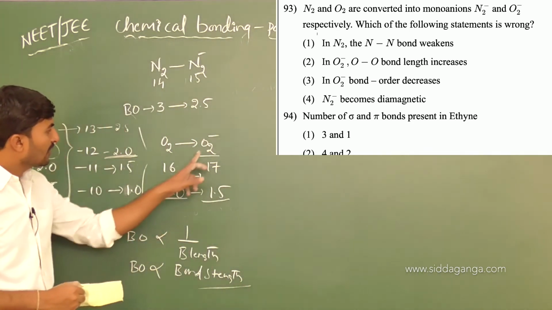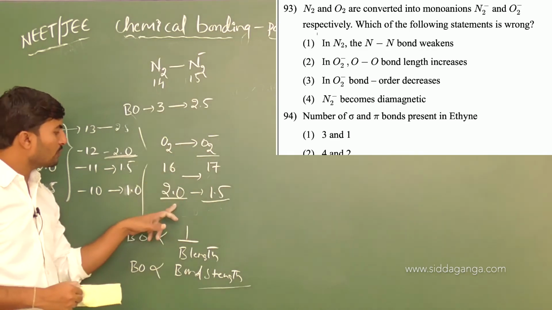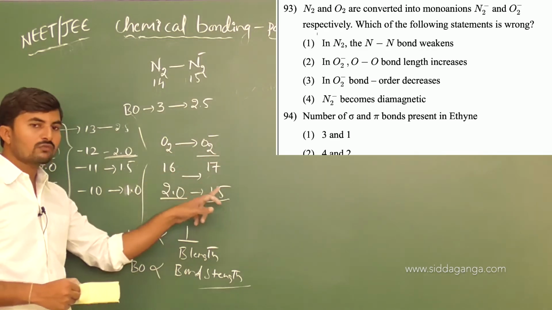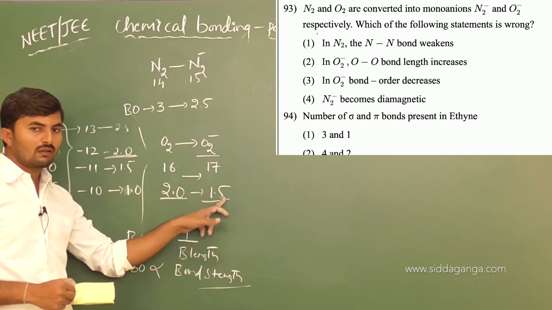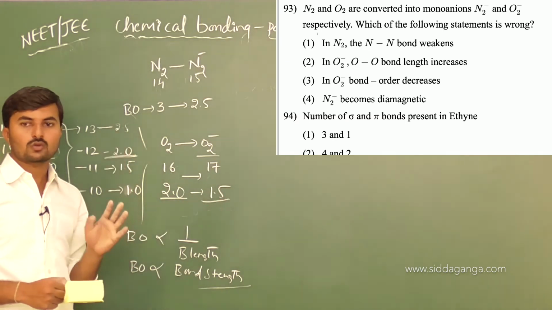In O2 we have bond order 2, in O2 minus we have 1.5, so the value has decreased. That means the third option will also be the right one.